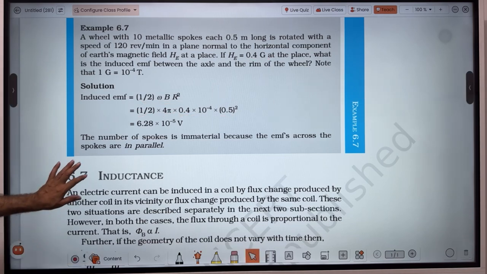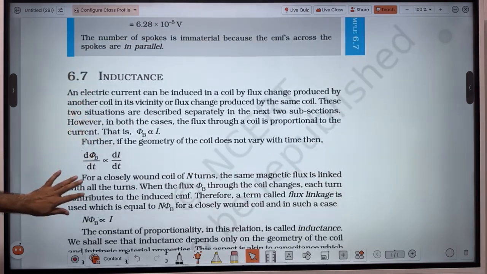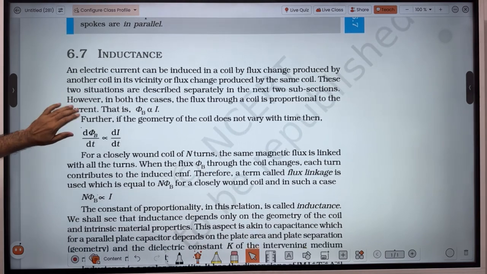Clear? Now we are going to see inductance. So what is inductance? This is stated here. An electric current can be induced in a coil by flux change produced by another coil in its vicinity, or flux change produced by the same coil.